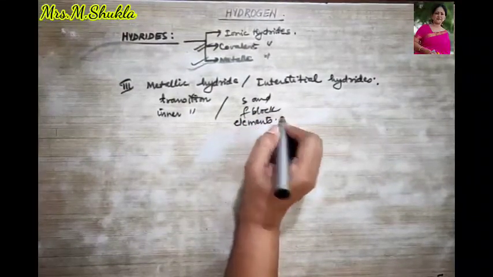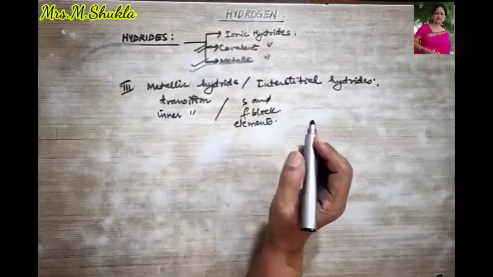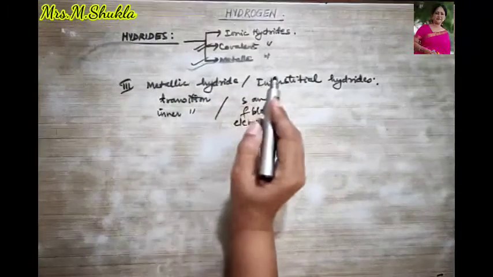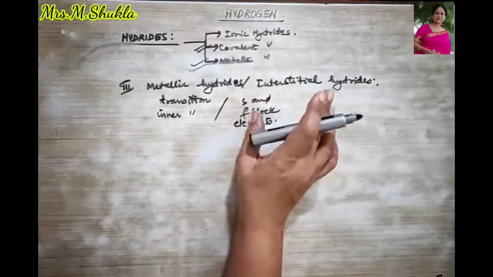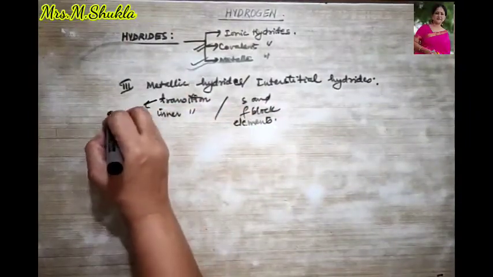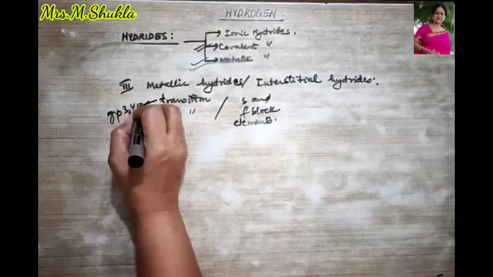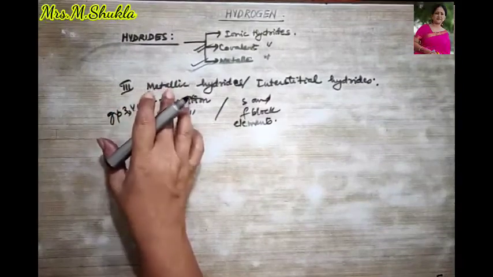when they combine with hydrogen, they form the metallic hydrides. The transition elements from group 3, 4 or 5 form the metallic hydrides.